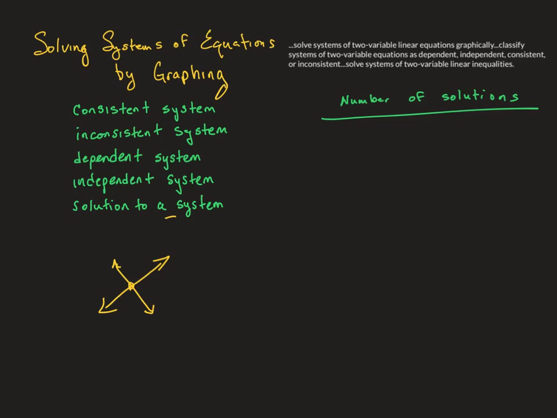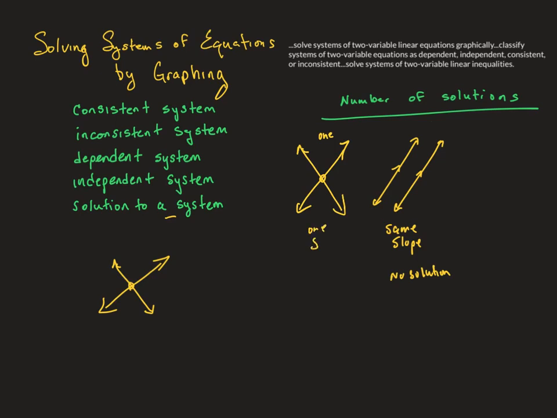So as we move, we talk about the number of solutions. Usually when we have an intersection, two lines that intersect, that is going to be one solution because that's where they cross over. If we have two lines that are parallel, which means they have the same slope, then that is no solution because they are running next to each other and they never intersect.